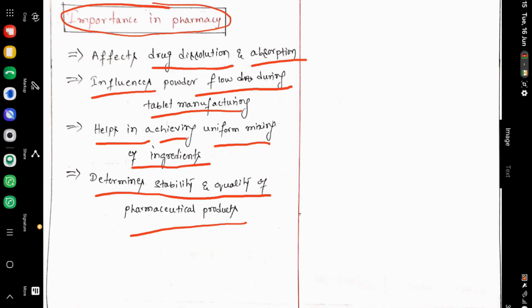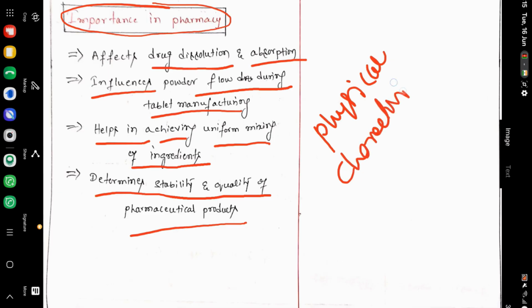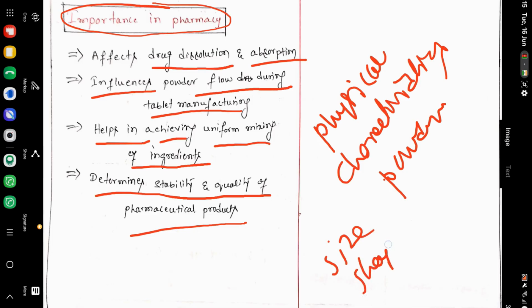Because here we are studying the physical characteristics of powder particles, like size, shape, porosity, diameter, all those things.